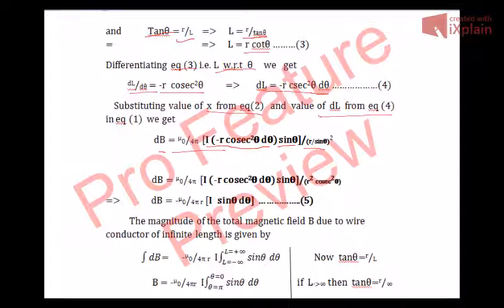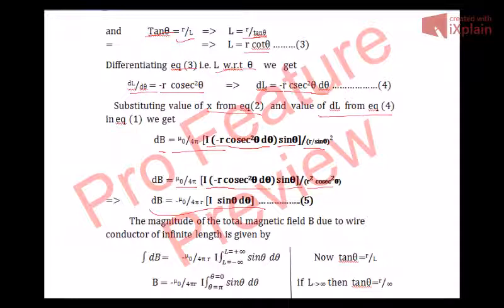So dB is equal to mu naught upon 4 pi I minus r cosec square theta d theta sin theta divided by r square cosec square theta, because 1 by sin square theta is equal to cosec square theta. Finally, dB is equal to minus mu naught upon 4 pi r I sin theta d theta. Let us denote this by equation 5.